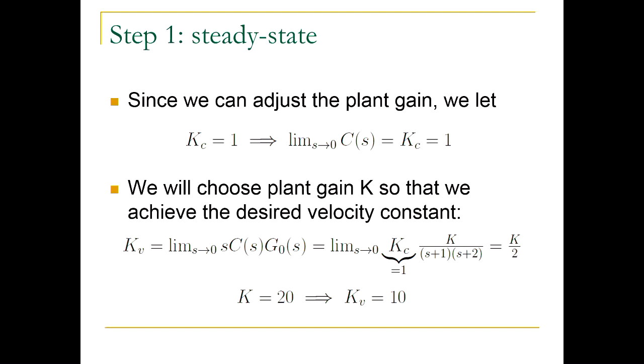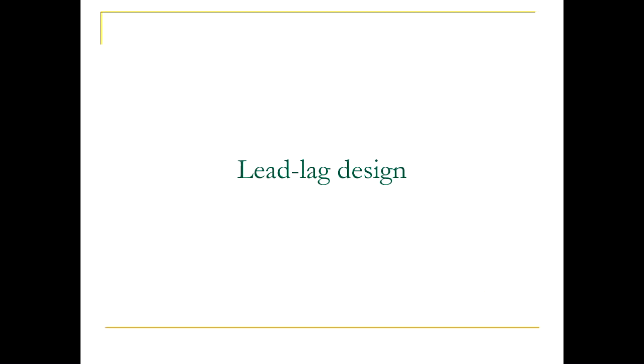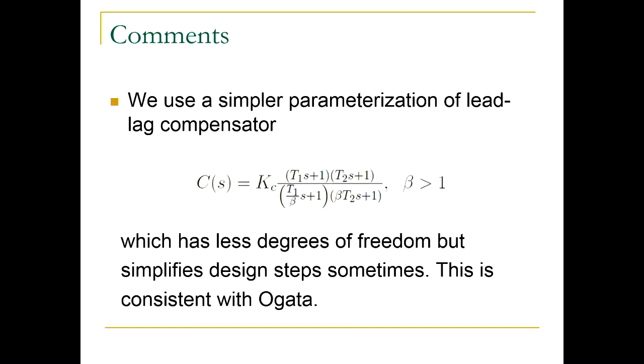I just remind you the plant transfer function is given here. What we are doing here is playing with K. We are assuming the compensator transfer function to be like this. Note when I let s equal 0, this will go to 0, this will go to 0, this will go to 0, this will go to 0. All of this will tend to 1 as s goes to 0.